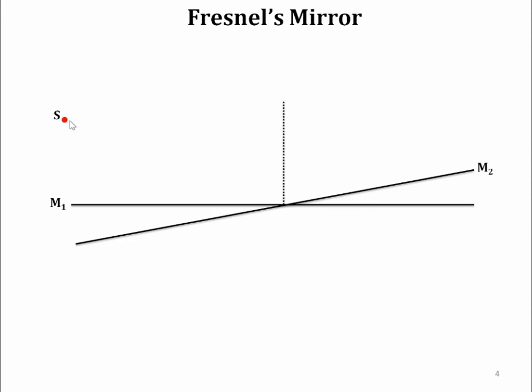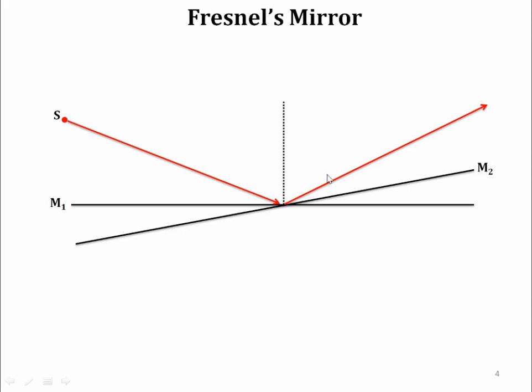Now this is a source, so if I take a ray of light coming from source S1 and just hitting the edge of mirror M1, where the edge is close to the point where the two mirrors join each other, what will happen? If this is the perpendicular to mirror M1, this ray should be reflected according to the laws of reflection, and that is what has been marked as 1 in the previous diagram.